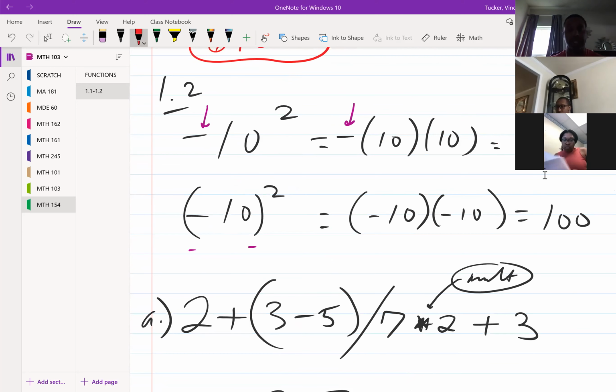I wanted to emphasize the difference between the two. See if I got the right one pulled up.